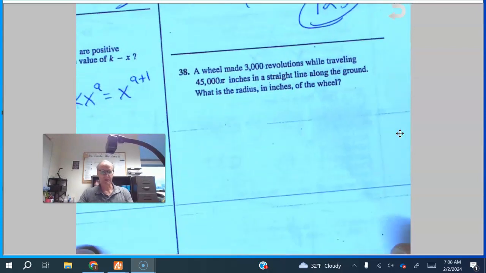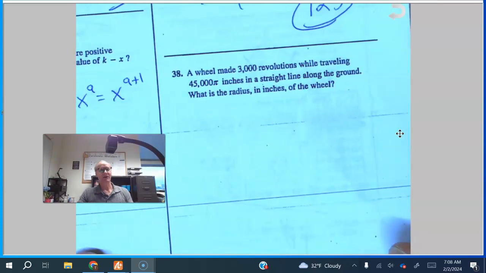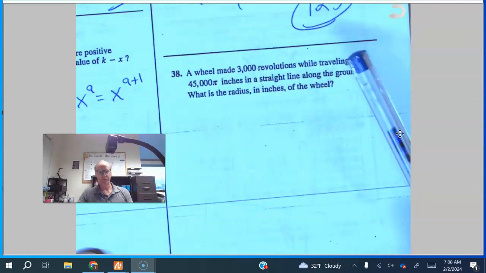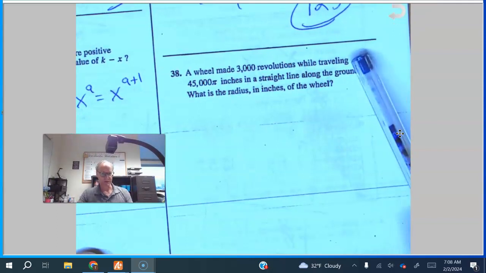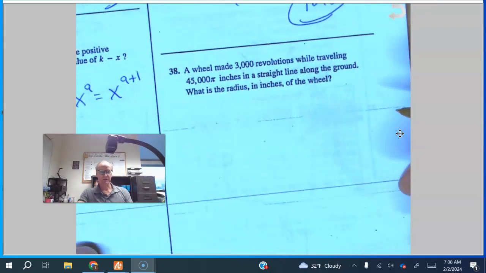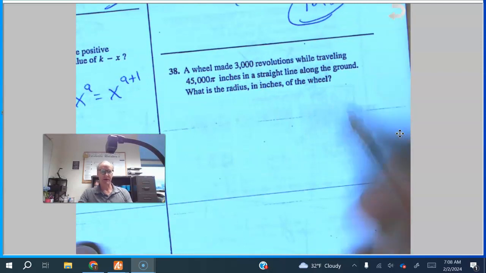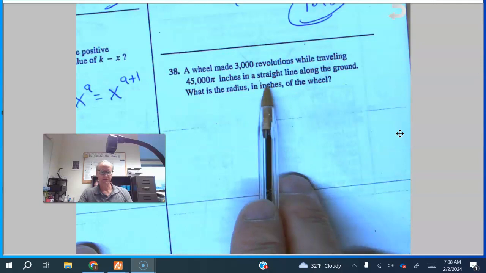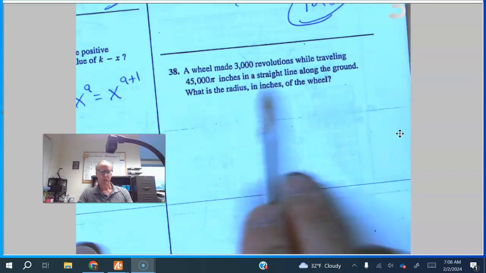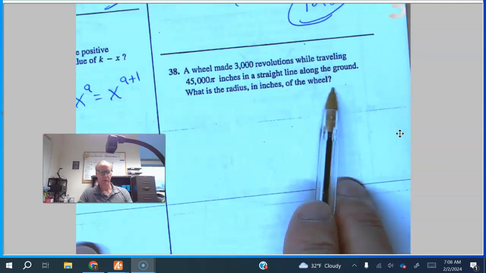Number 38. A wheel made, I love this. This is probably the kind of problem you're going to run across in physics doing dimensional analysis. So 3,000 revolutions while traveling 45,000 pi inches in a straight line along the ground. What is the radius in inches of the wheel?